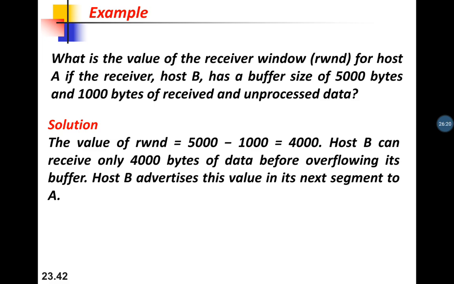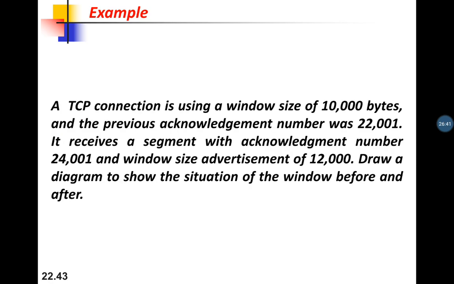The buffer size is given as 5000 and the bytes waiting to be pulled are 1000. So the value of RWND is 4000. Host B can receive only 4000 bytes of data before overflowing the buffer. Host B advertises this value in its next segment to A.